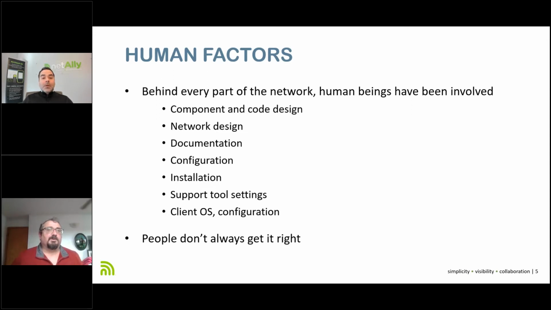We don't have robots yet, even though we have AI, we still have so many human hands touching everything. The design of the hardware, the wiring topologies, you name it. There's human beings involved, and bottom line there, people don't always get it right. Again, this goes directly back to the question about wiring.